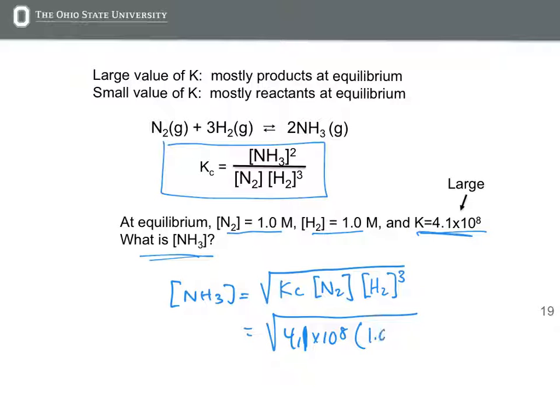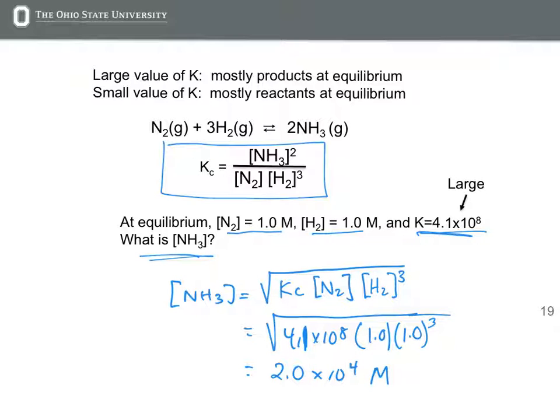N2 is 1 molar, H2 is 1 molar, and that's cubed. So we end up with basically just the square root of 4.1 times 10 to the 8th, and I end up with 2.0 times 10 to the 4th.